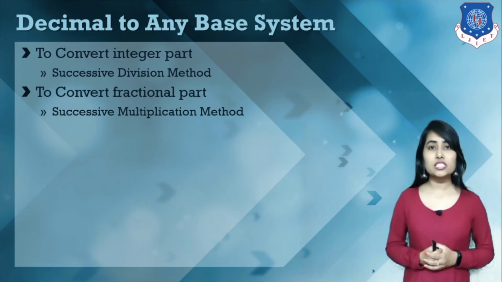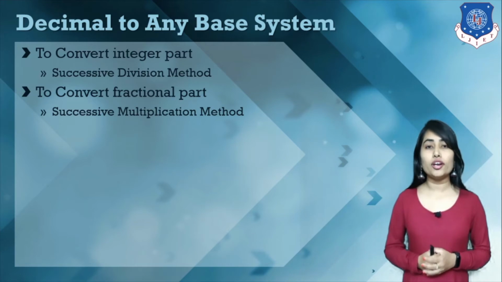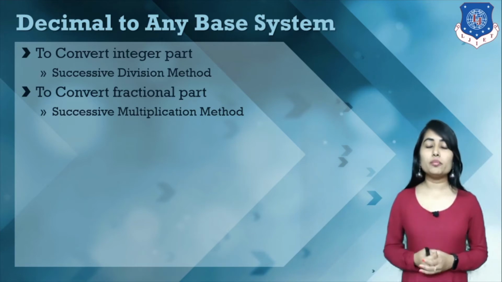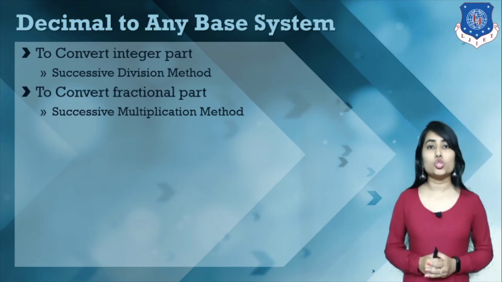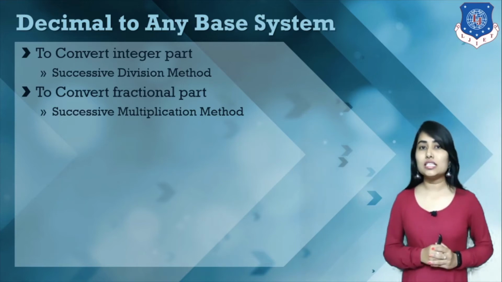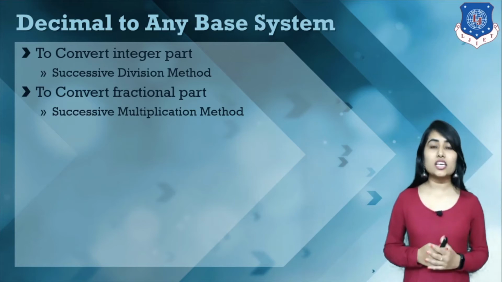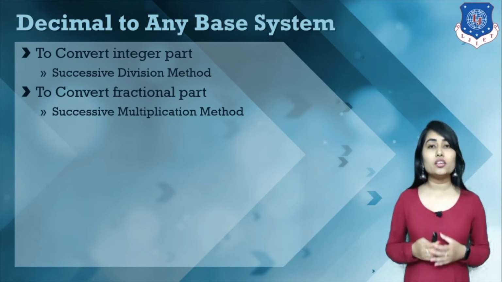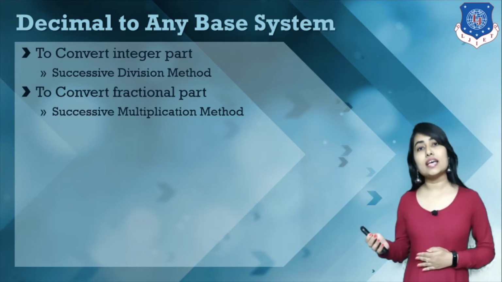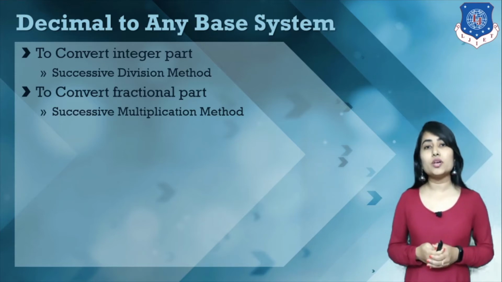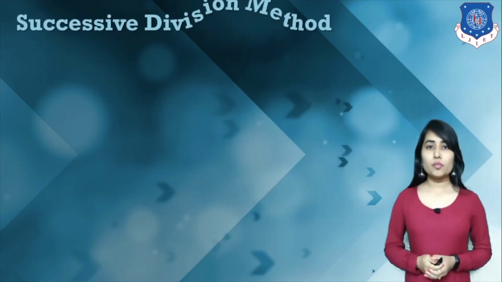The successive division method is used for the integer number, and the successive multiplication method is used for the fractional number. Let's discuss one by one how we can convert an integer decimal number and a fractional decimal number into the desired base.